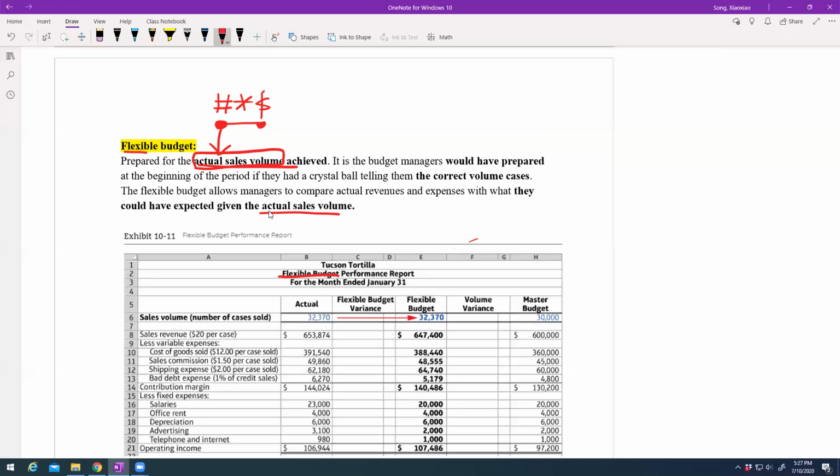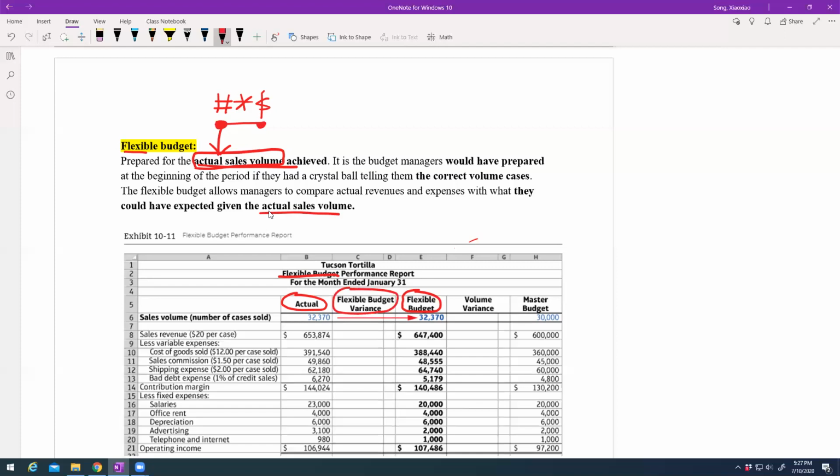We still put the actual on the left side. Now we have this budget. It's not the master budget, but the flexible budget, and the difference is called the flexible budget variance.